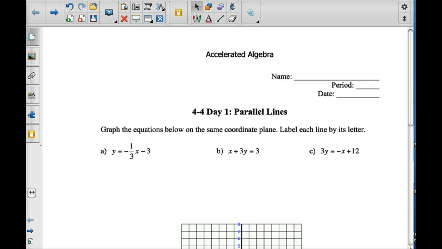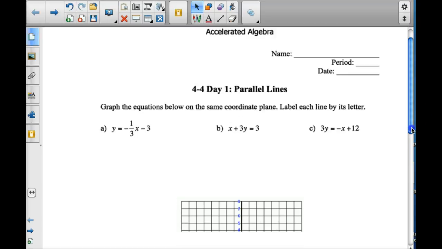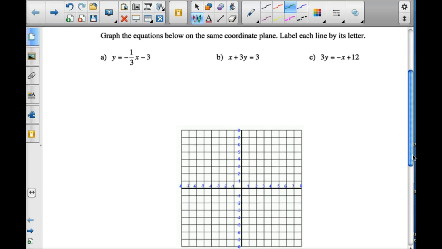Tom, move 1 seat to your right, please. Thank you. Yeah, graph all 3 lines on one coordinate plane. Sean has a question for you. Go ahead.